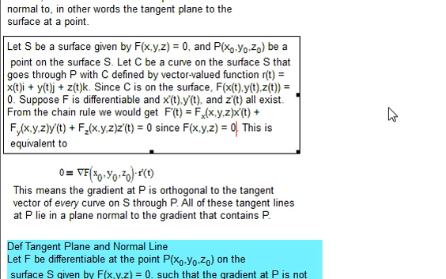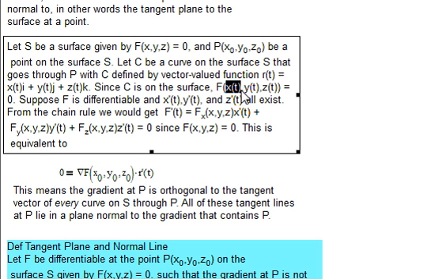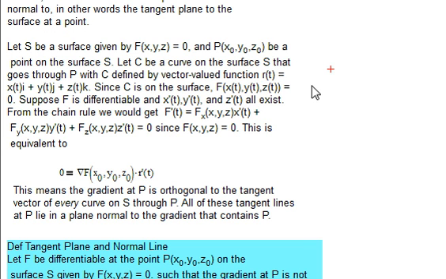So that's equivalent to saying that 0 equals, now this is the cool part, del f(x0, y0, z0) dotted with r'(t). See, r'(t) would be x'(t)i + y'(t)j + z'(t)k, right? And so, look, that's what this is.